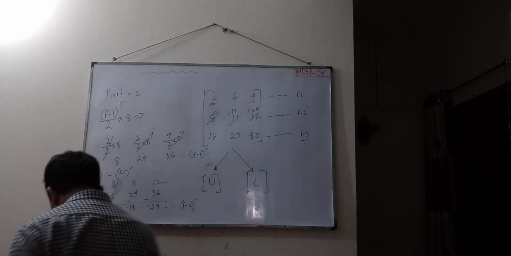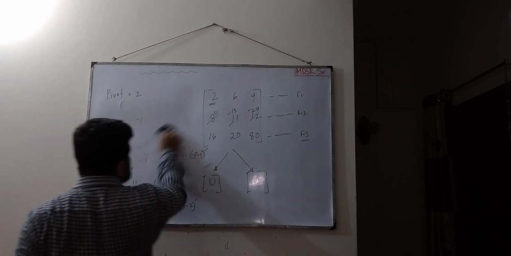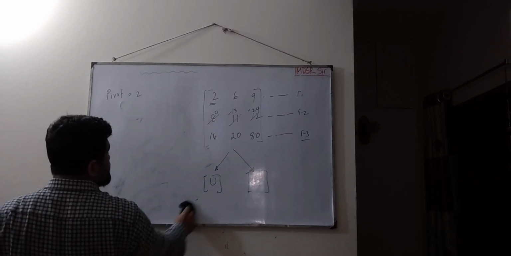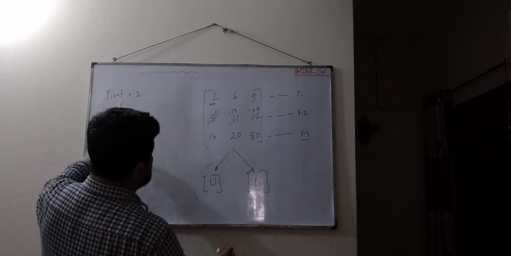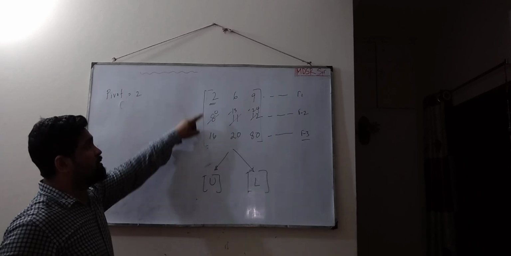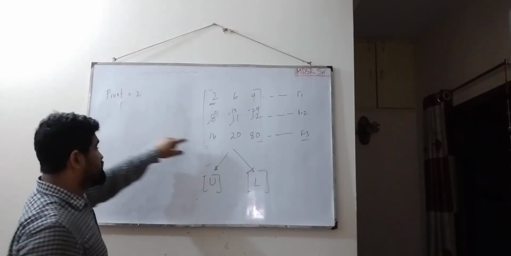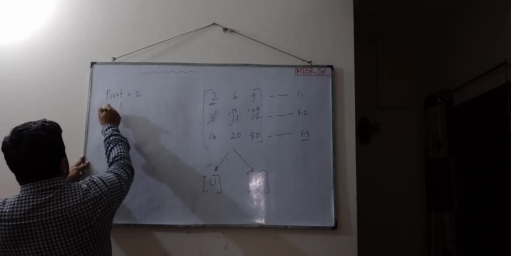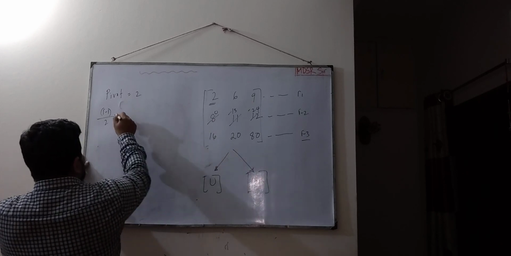With the same pivot, still 2, because we need to make everything below the 2 equal to 0. We just made one 0, so let's make this one 0. To do that, we convert row 1 again: row 1 divided by the pivot 2, multiplied by 16, because I want to make this one 0.